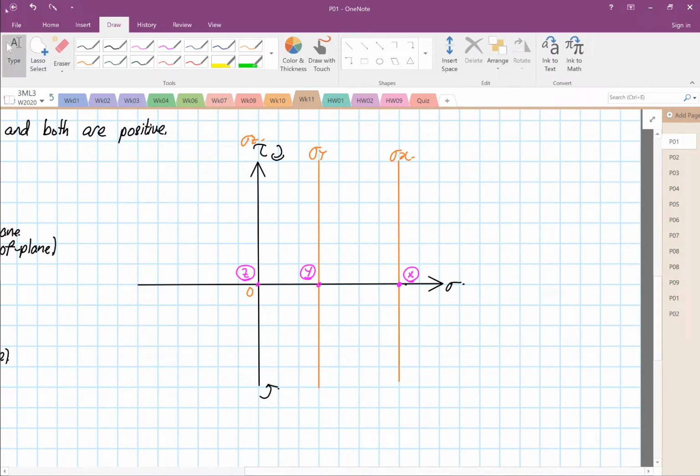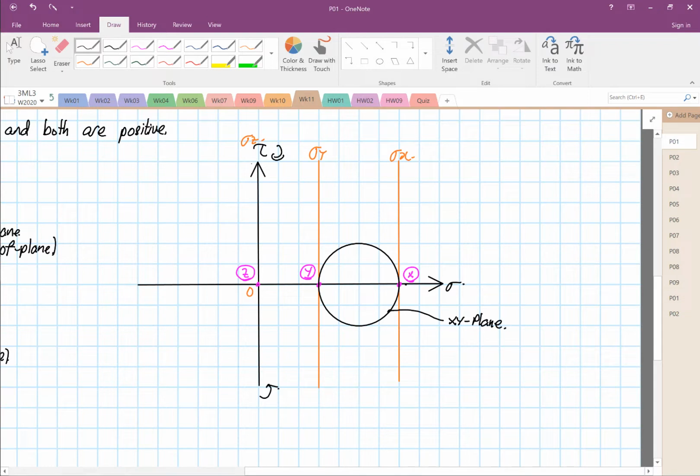Okay, then we can construct our first circle now, right? So our first circle is over here. So this circle that we have just drawn is XY. So this happened to be for the XY plane, right?